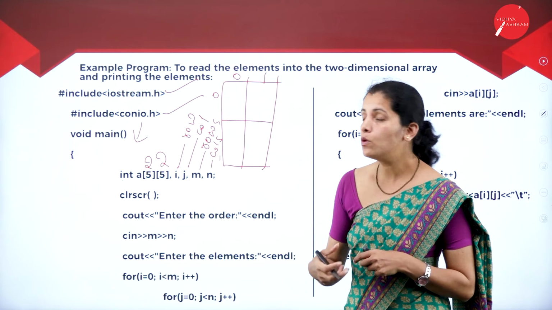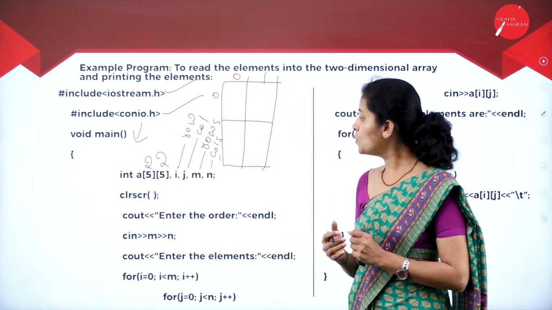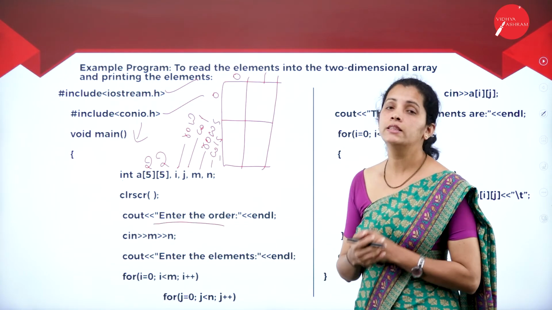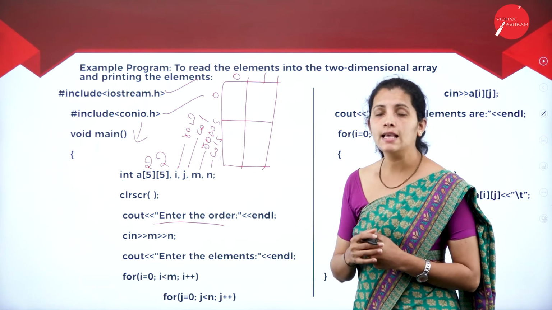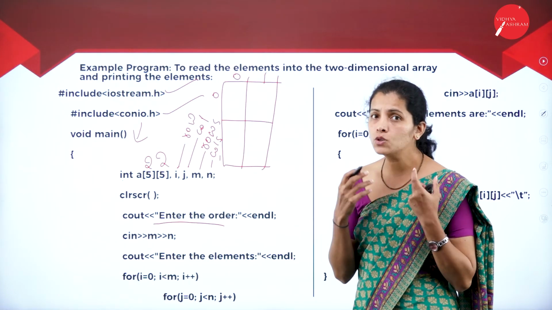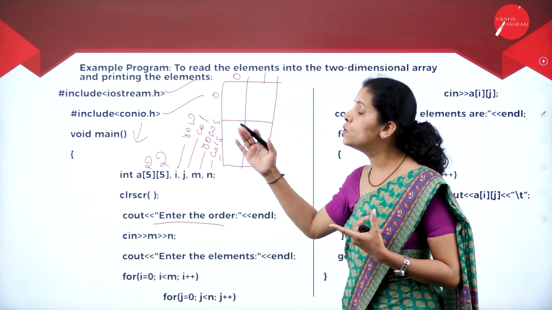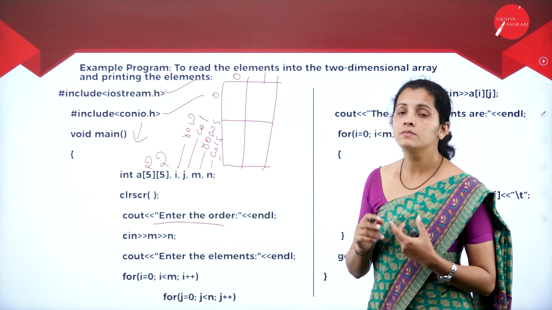But I want to specify the row size and column size manually. So I'm going to display the message to the user to enter the row limit as well as the column limit. What is the row limit? That is nothing but the size. So here the user is going to enter the row limit as well as the column size.